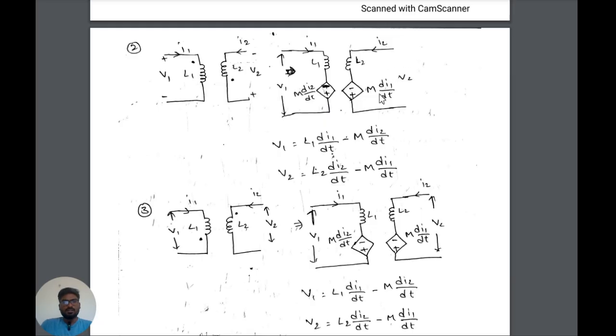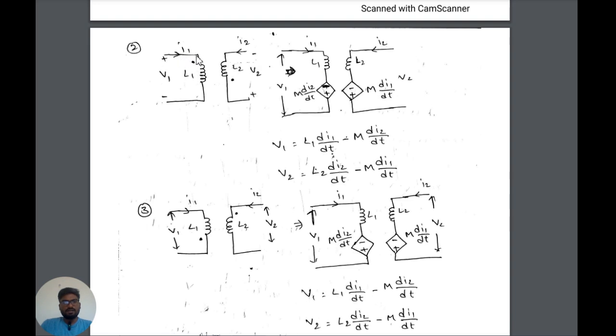If we consider coil 2, L2 is the same, but while coming to mutual inductance, the effect of current 1 is taken and will be placed here. So the current in this coil is entering the dot.